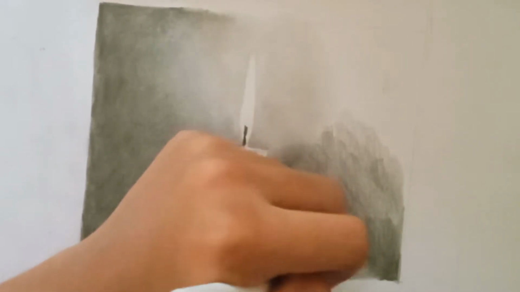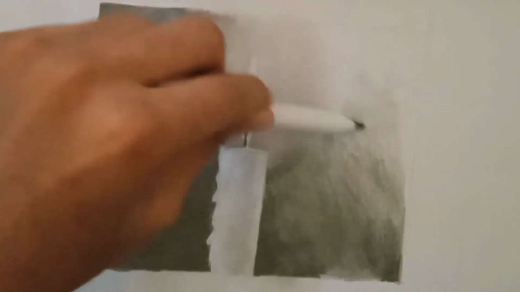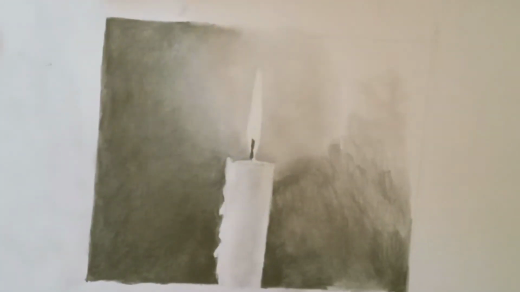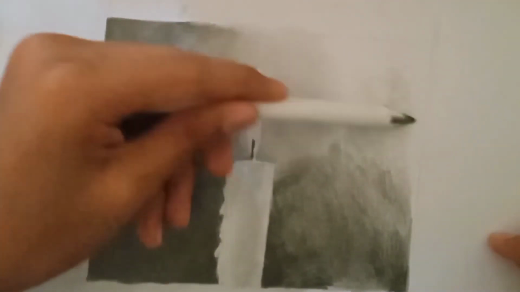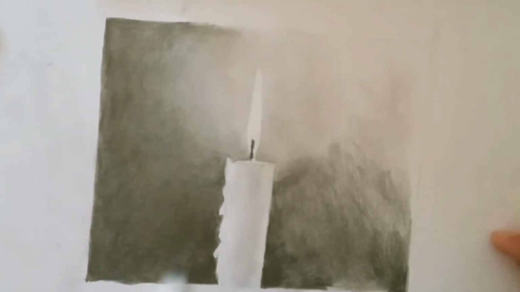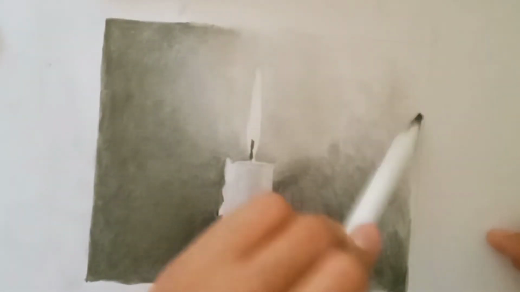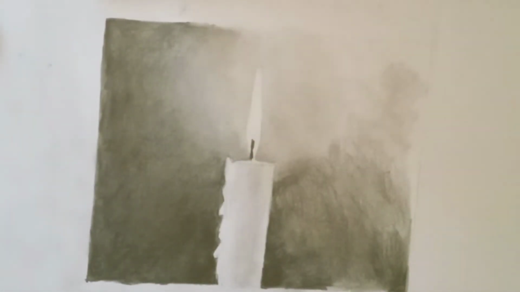Less tone means you've put very little pressure on the pencil, and if you actually want it to be darker but you have made it light, I am adding tone to it. Tonal value is basically how much tone you put on the paper. All right, that's tone.